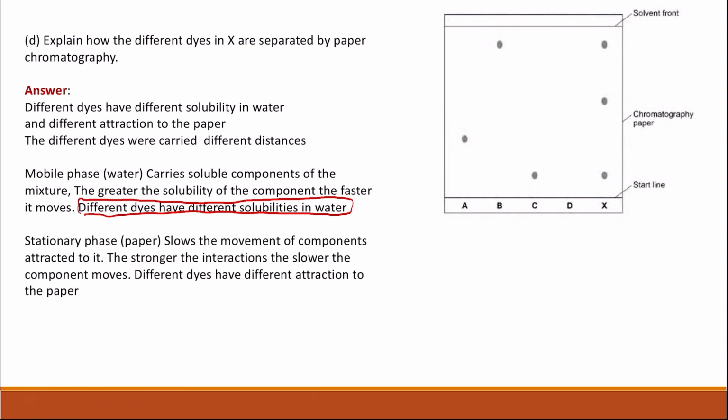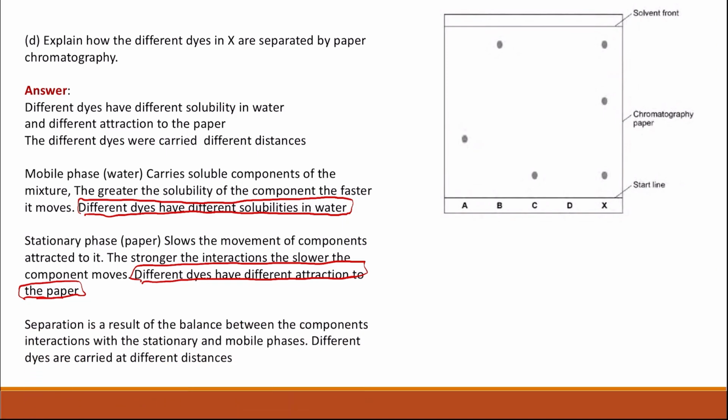Then the stationary phase, which is the paper, will slow down the movement of components attracted to it. The stronger the attraction to the paper, the slower the components move. So different dyes have different attraction to the paper. Again, this is the most important sentence because this is when you get your mark.